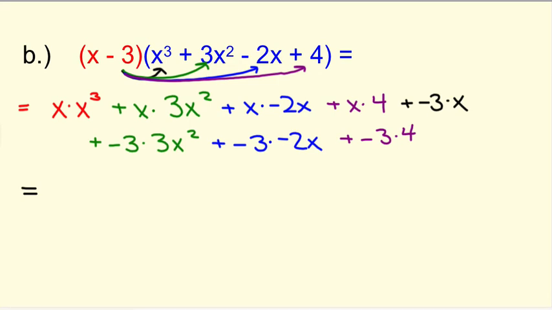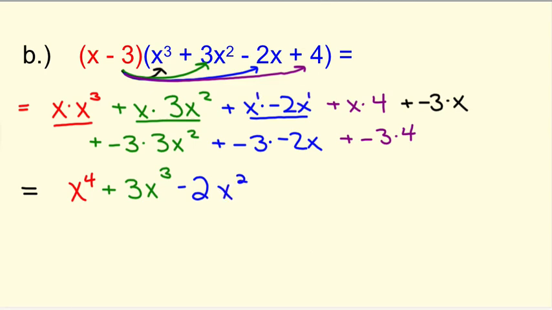All right, we're set to do some reducing. So let's go to this first one. X times x cubed, there's 4 x's there, so that's x to the 4th. And then in the green here, x times 3x squared is 3x. Add those powers and you get 3. In the blue, negative 2. Add the powers, it's a 1 and a 1, so it's x to the second. The purple one, x times 4 is 4x.